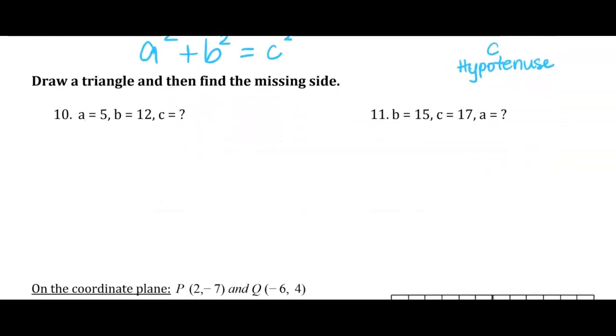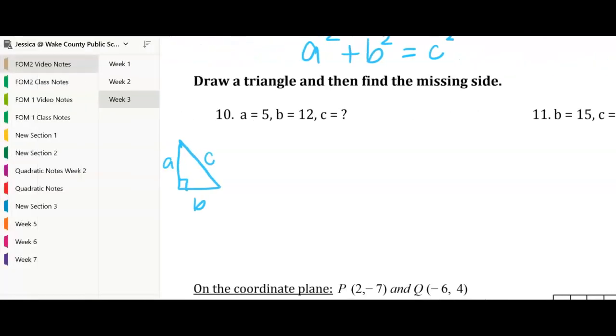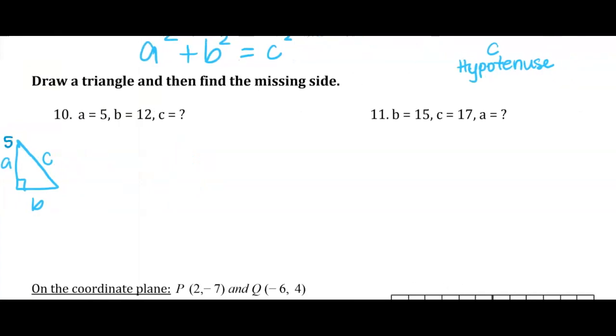So in this example here, we're going to draw a triangle and then find our missing side. So our right angle is here, so c is here, a is here, and b is here. So a is 5, b is 12, and c is what we don't know.